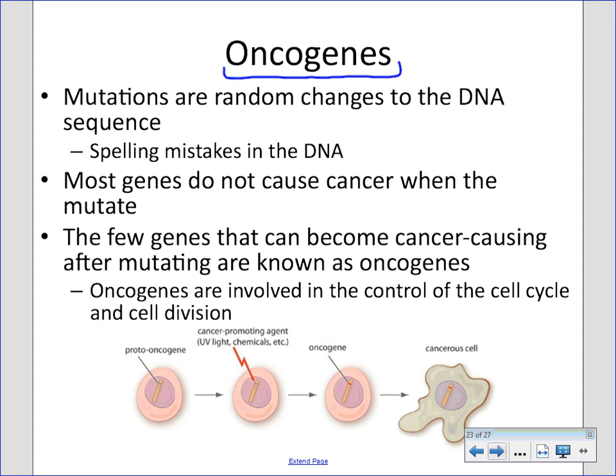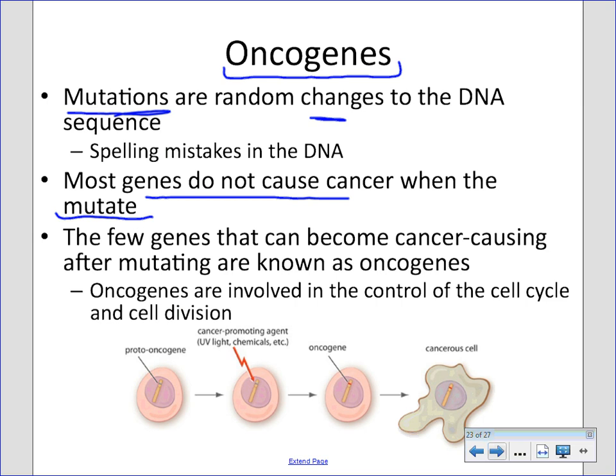So the thing to keep in mind is that when mutations occur to the DNA, they're going to be random and just happen by chance for the most part. Most genes do not cause cancer when they mutate. If a mutation occurs to a gene, it's not necessarily going to result in cancer being the end result.